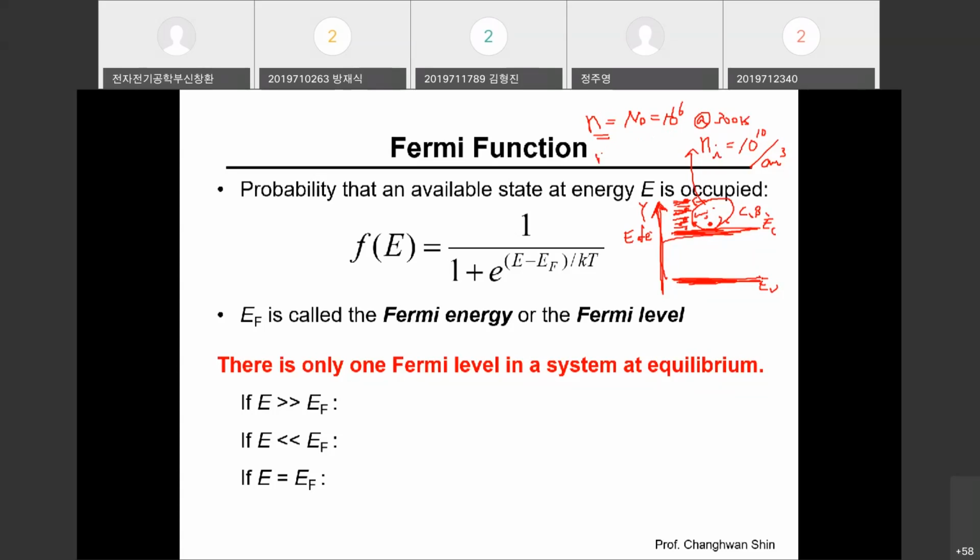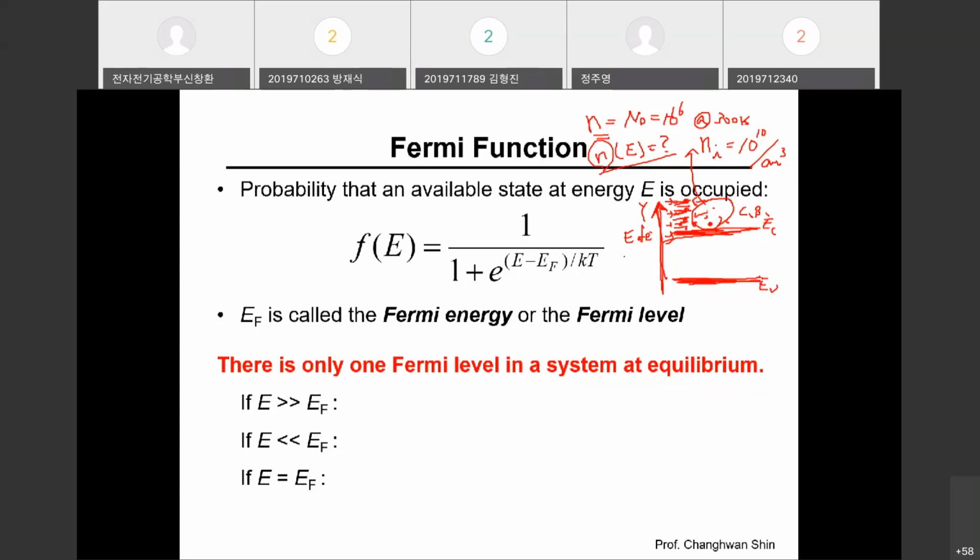However, my question is, what about this? At each energy state, how many electrons can be found? Each energy state here and there. Can you specify how many electrons can be found at each energy level in the conduction band?